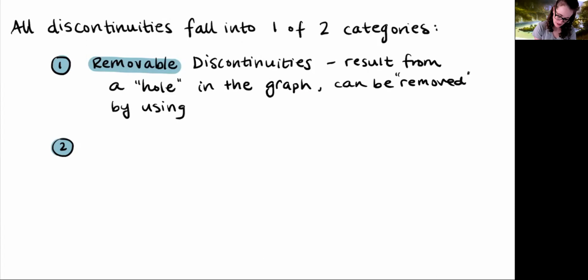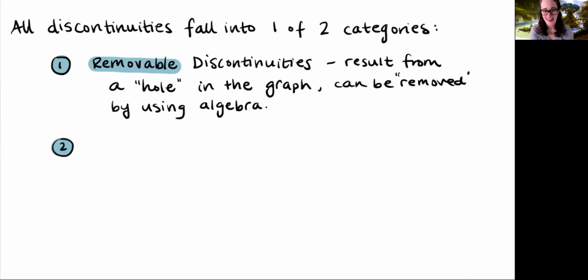We talked about several different ways of doing that when we were looking at limits. Some of those methods included factoring and canceling, rationalizing, maybe combining fractions together.